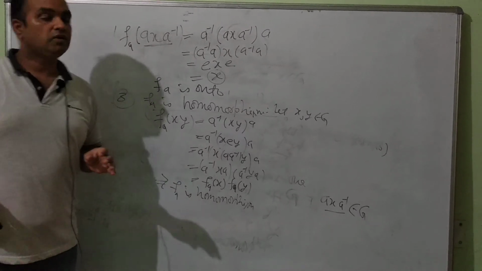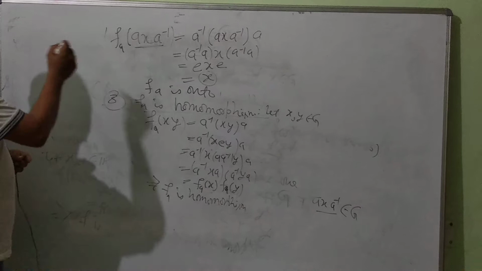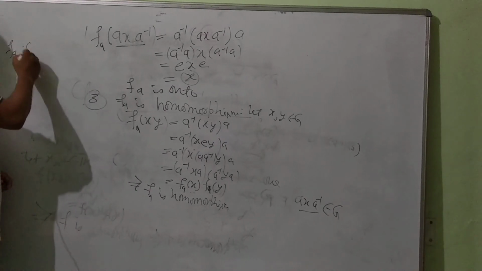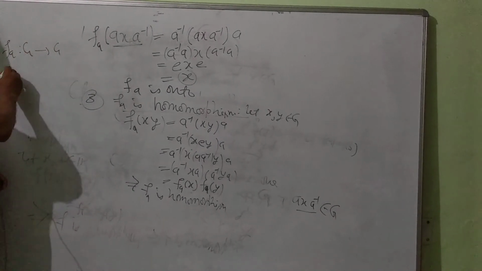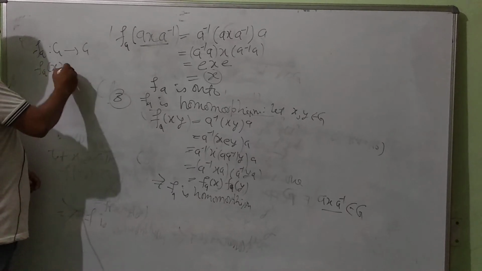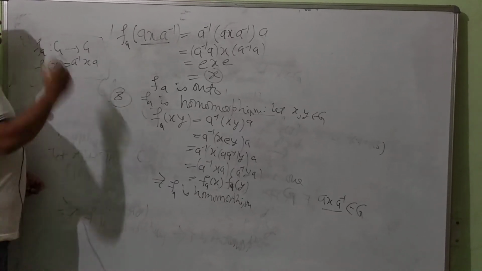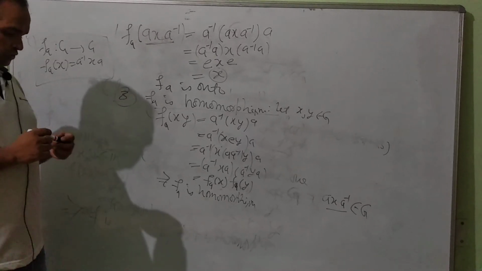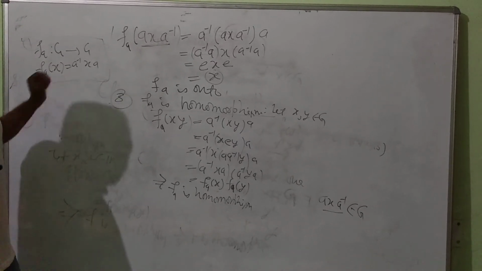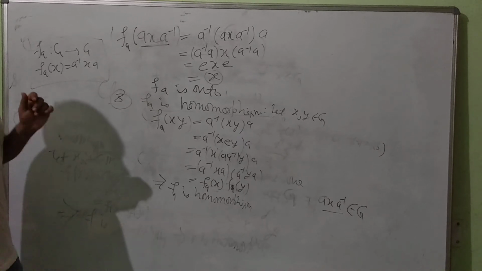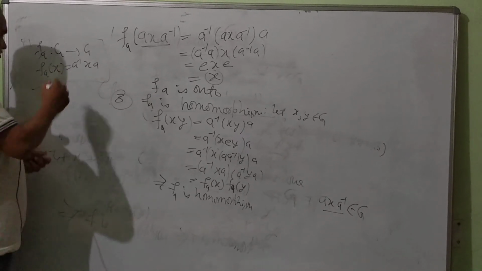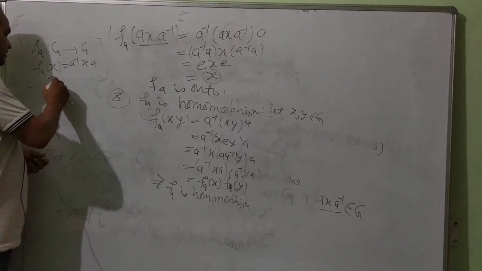So we have proved that this function f_A from G to G, which is defined by this rule A inverse xA, is an automorphism. So this is a particular type of automorphism which is called the inner automorphism. I will discuss about this later.